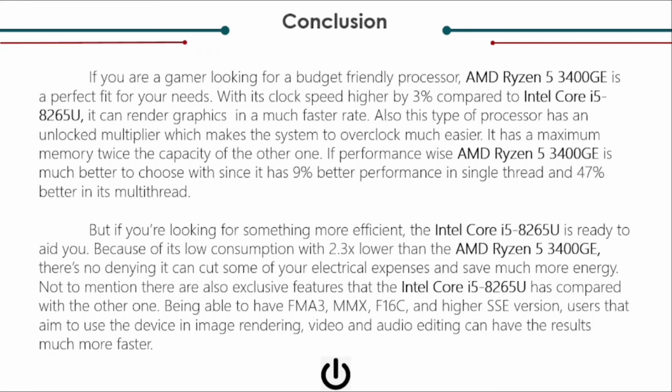Not to mention, there are also exclusive features that the Intel Core i5-8265U has compared with the other one. Being able to have FMA3, MMX, F16C, and a higher SSE version, users that aim to use the device in image rendering, video and audio editing can have the results much faster.